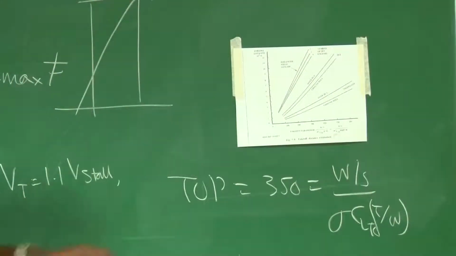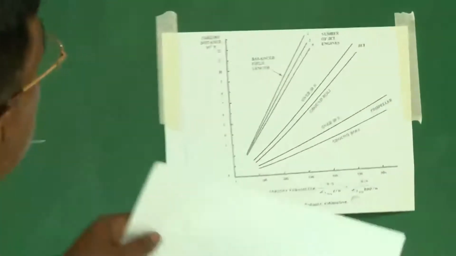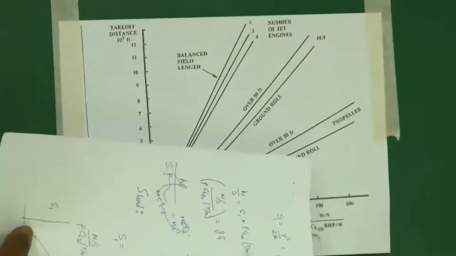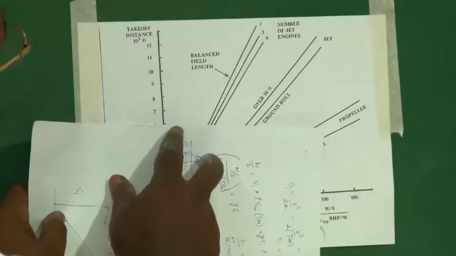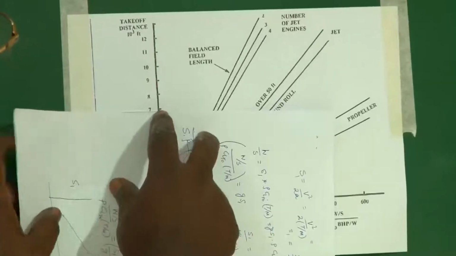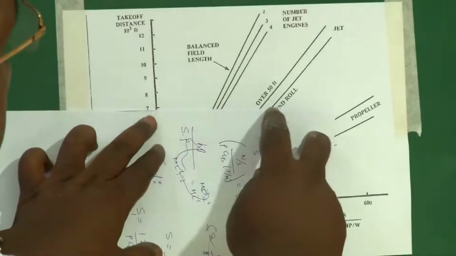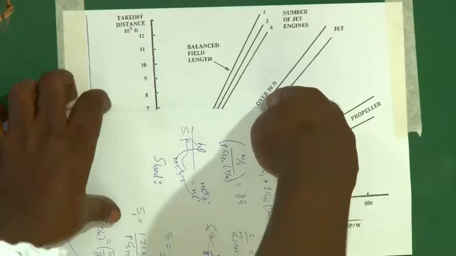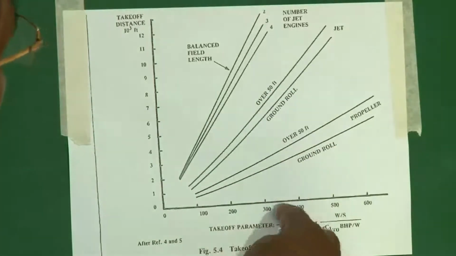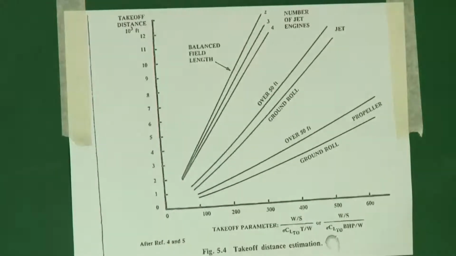This is clear? Depending upon what sort of land roll distance you want, say 7,000, pick 7,000 here. What type of engine you are using, jet engine, you find this point, come down and get the takeoff parameter number. Right?